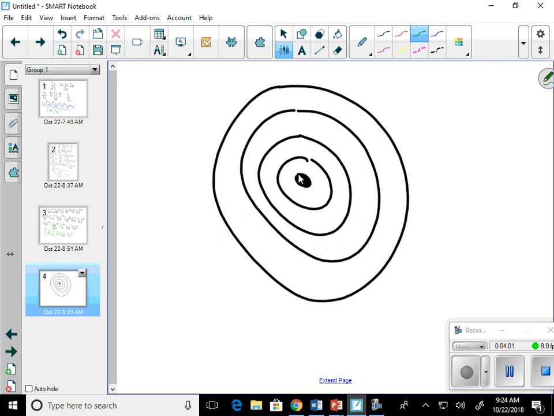Let's say I have an electron right here in my second shell. If energy passes through this atom and that electron absorbs energy, it can jump up.